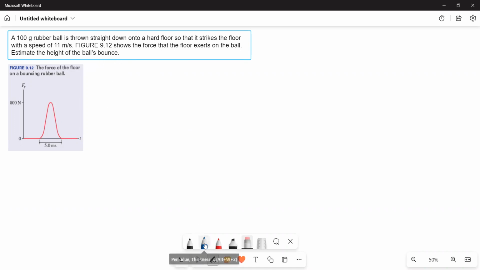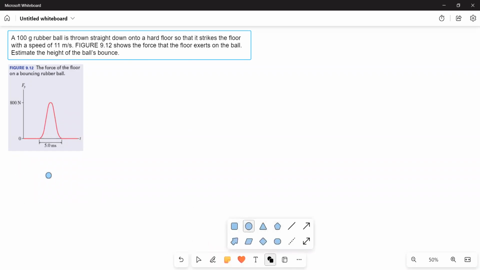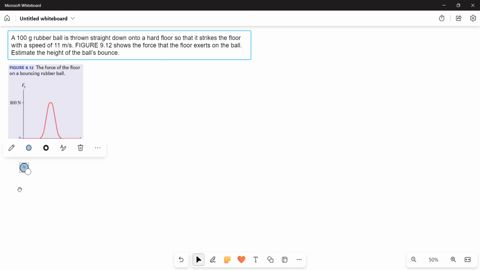Okay. Let us draw the figure. This is the ball, and then it bounces down. It falls on the floor, and then bounces back.